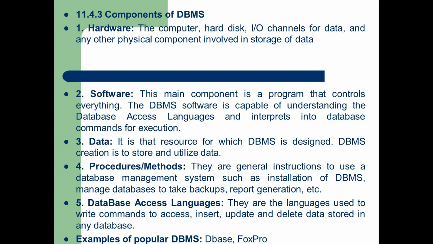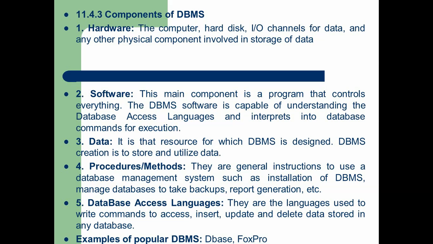Next one is the procedure or methods. They are general instructions to use a database management system, such as installation of the DBMS, taking backups, report generation, etc. So this is the fourth component of DBMS, which is used to take backups of databases and generate reports. The fifth component of DBMS is the database access language.